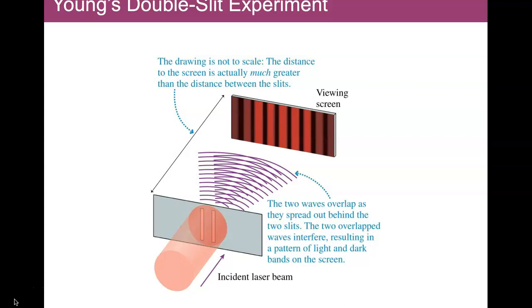Alright, so what we want to discuss now is something called the double-slit experiment, which is basically you shine light, let's say some laser beam, on two long, narrow openings.